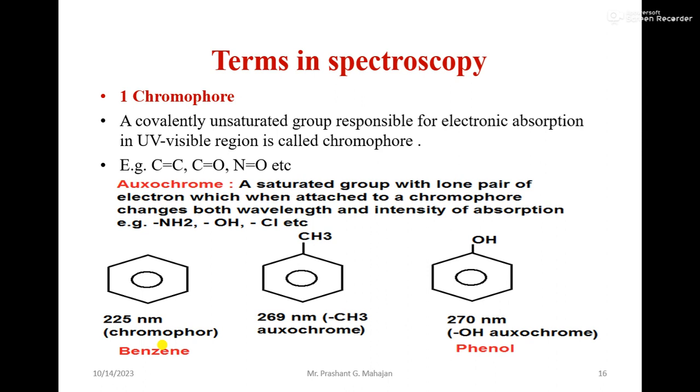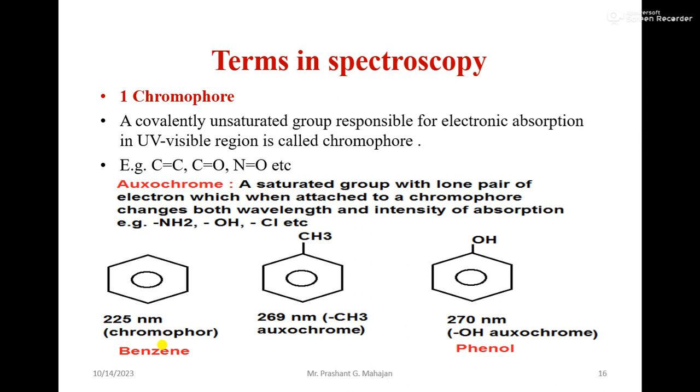So chromophore is a covalently unsaturated group responsible for electronic absorption in the UV visible region. What is unsaturated? Unsaturated means the group which is having a double bond or triple bond.